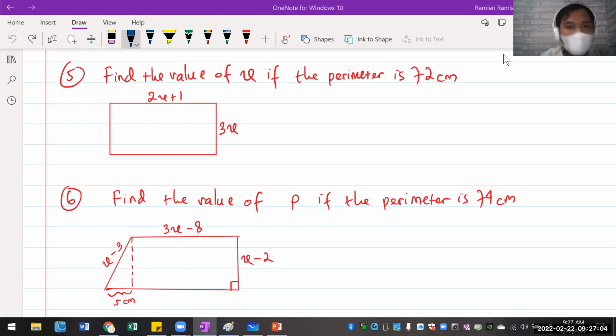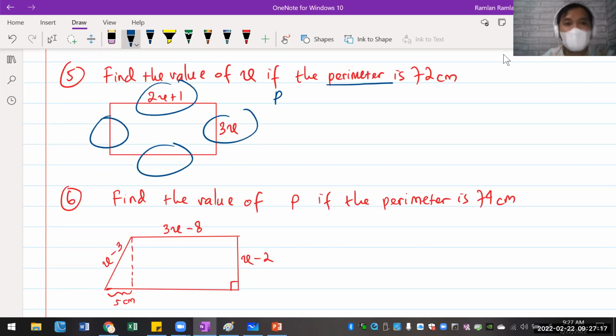Okay, so again, I'm going to explain one more time. This is the last time. In here we have perimeter. Perimeter is adding all of the sides. We have this side, this side, this side, and this side. So we have 4 sides, and we need to add all of the 4.